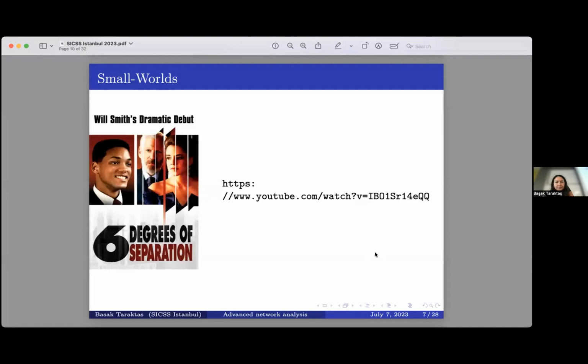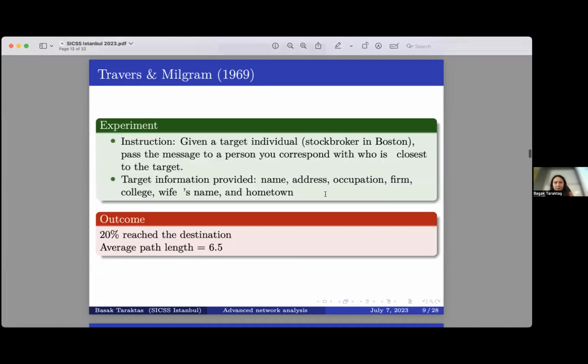But this idea comes from a very famous experiment conducted by Travers and Milgram. Maybe you might have heard of Milgram because he's very famous with this prison experiment. And he's the main reason why we have not IRS, what was it?